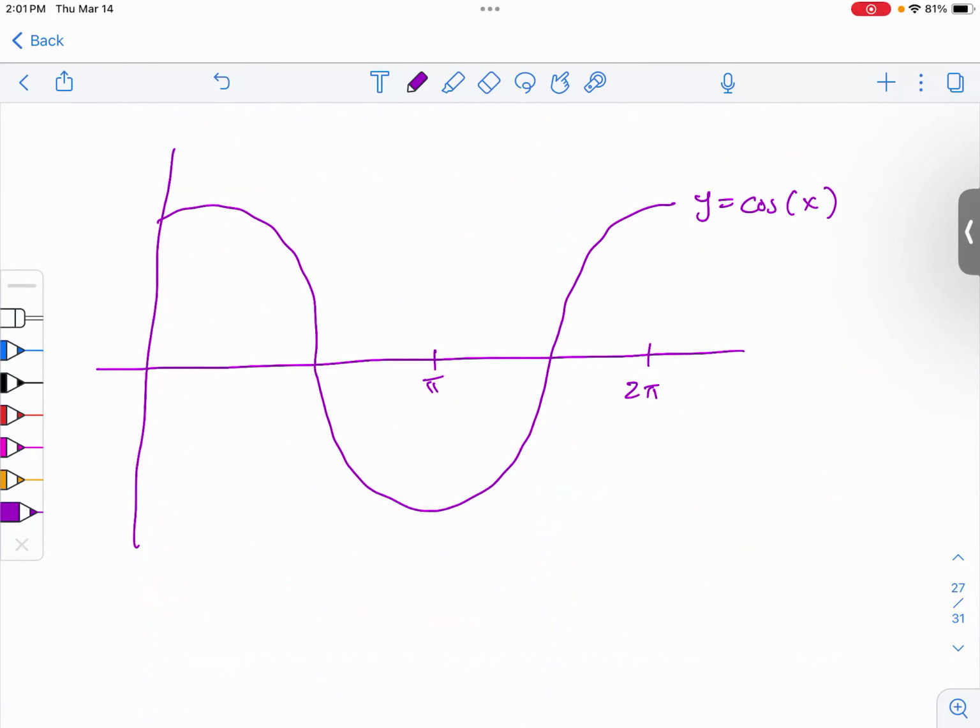Okay, so -1. Again, here's the exception that hits the graph once. At what angle?